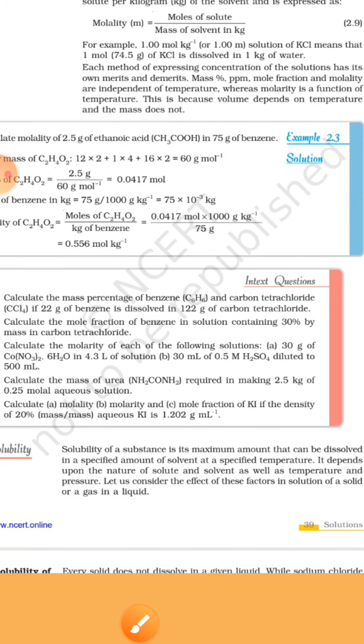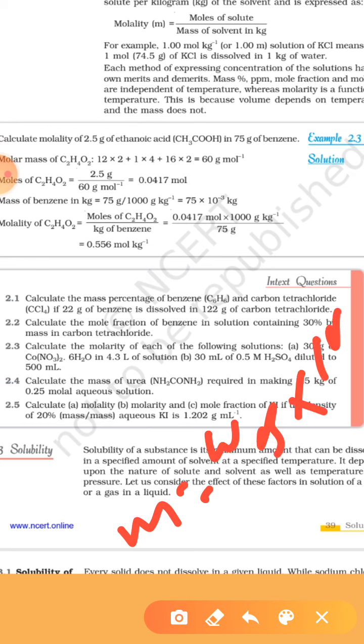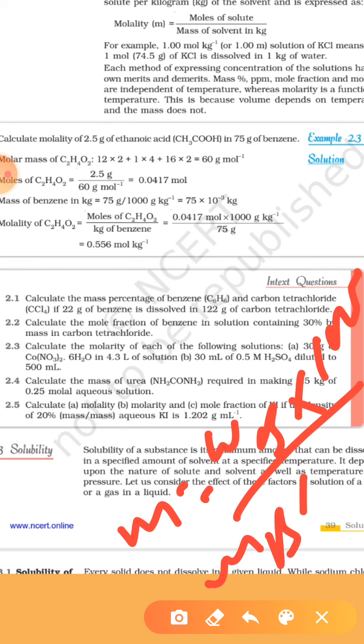In second, B: 30 ml of 0.5 molar H2SO4 diluted to 500 ml. Also we take this formula, M equal to WB into 1000 upon MB into WA.